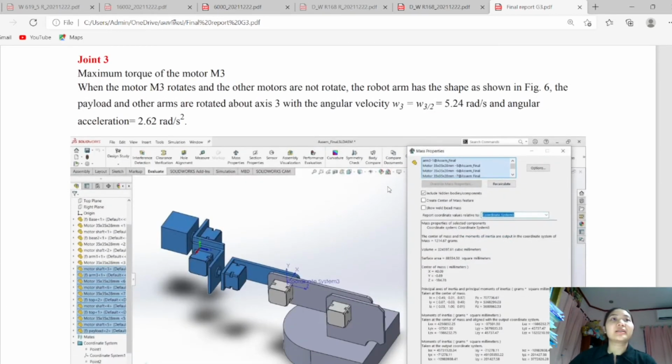And next is joint 3. For this joint, it has angular velocity 5.24 radians per second and angular acceleration 2.62 radians per second squared.